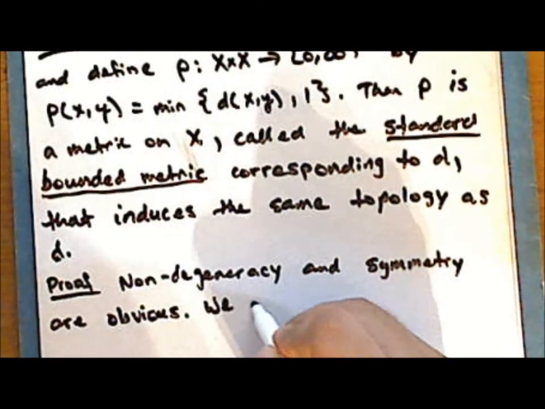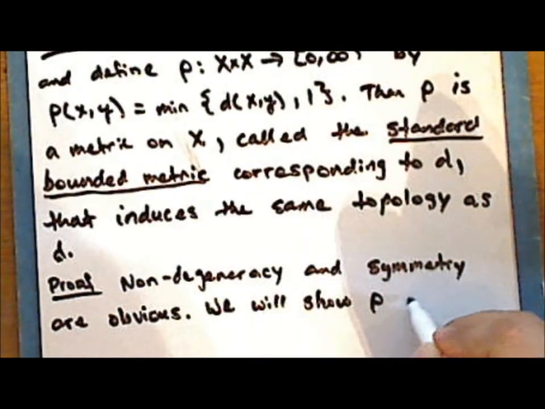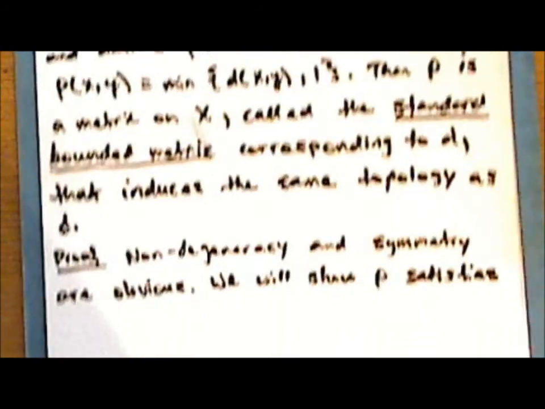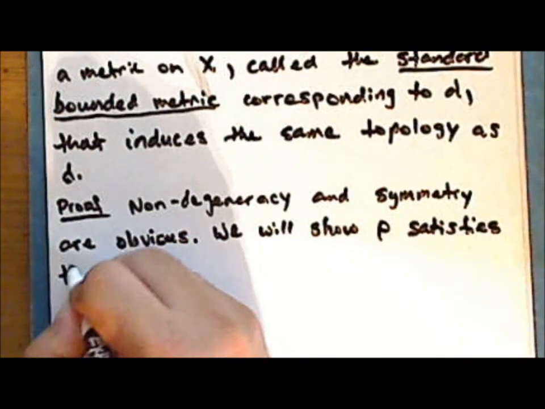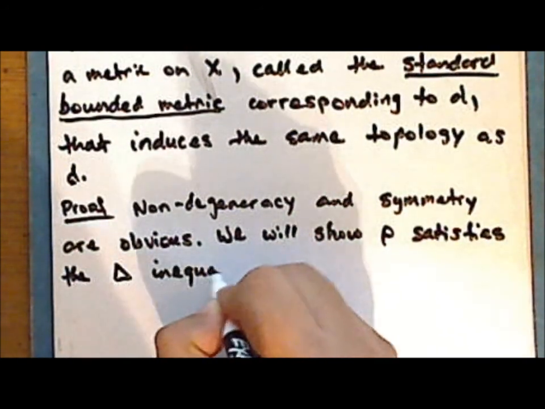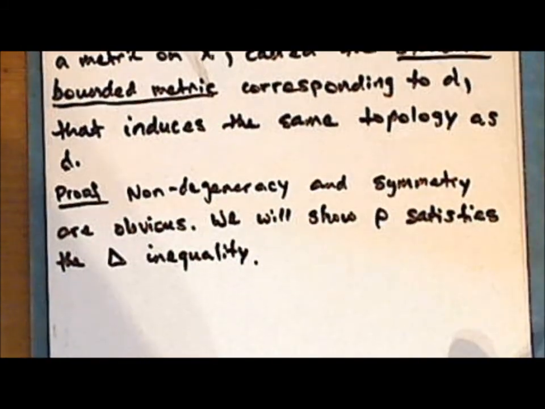So we will show that the function rho satisfies the triangle inequality. And we'll look at several cases at once.